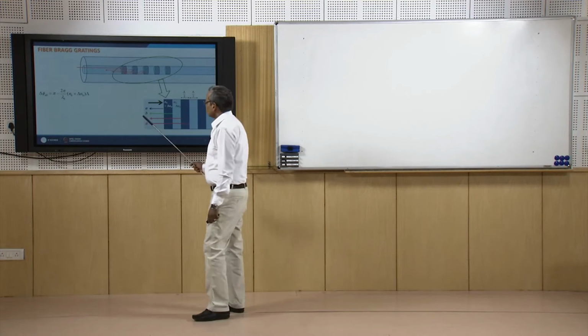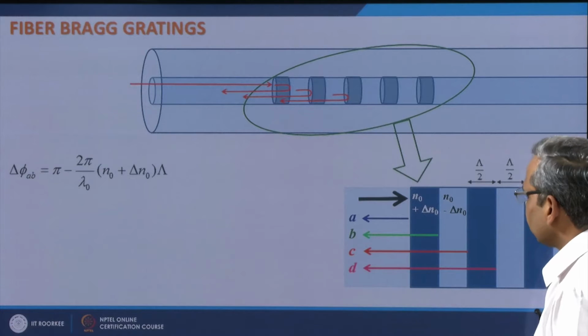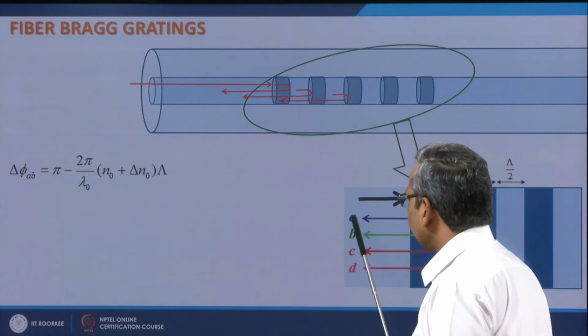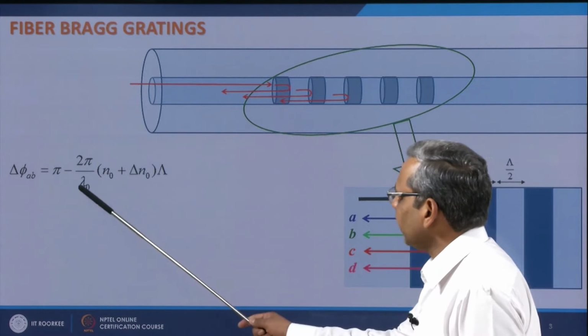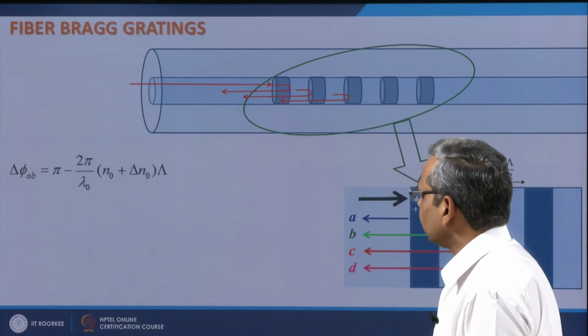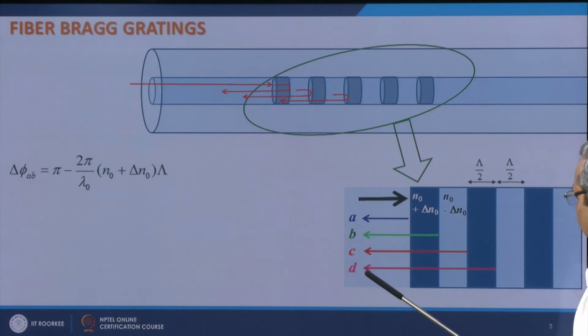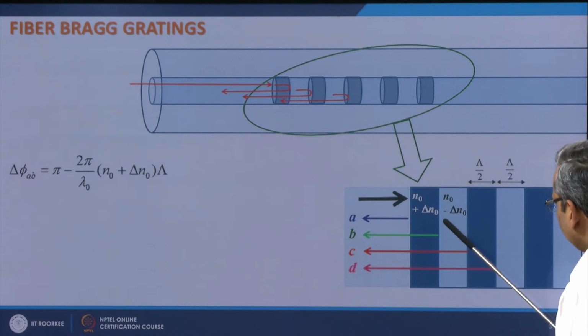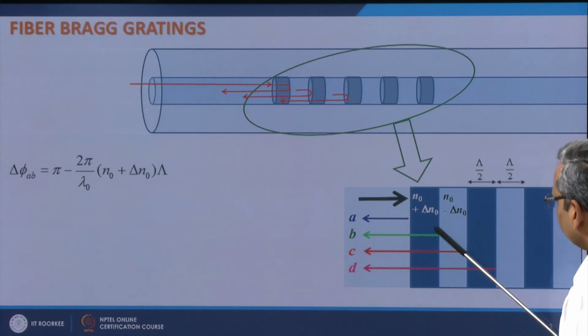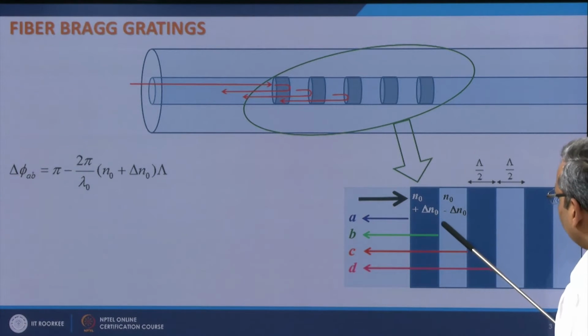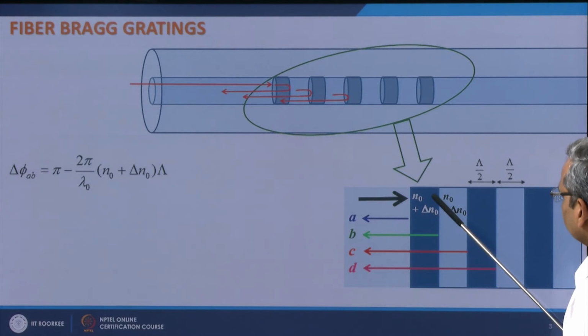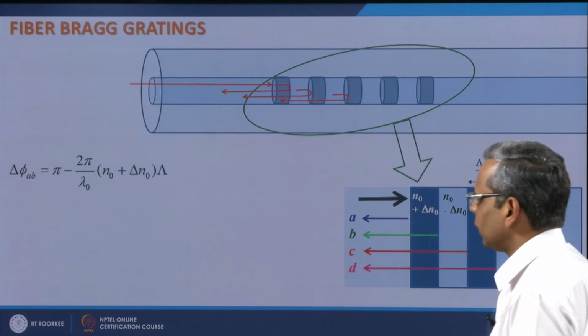If I consider these two waves A and B, then the phase difference between A and B would be π − (2π/λ0)(n0 + Δn0)Λ, because this is the path difference from here to here: Λ/2 and Λ/2 in the refractive index region of n0 + Δn0.